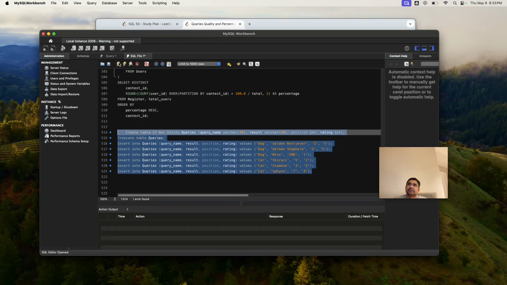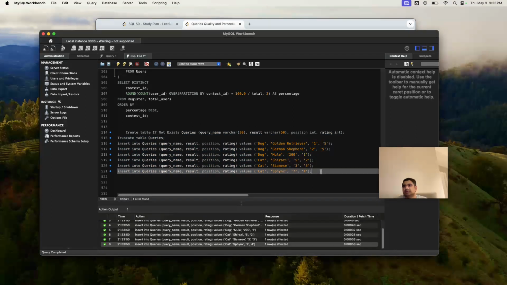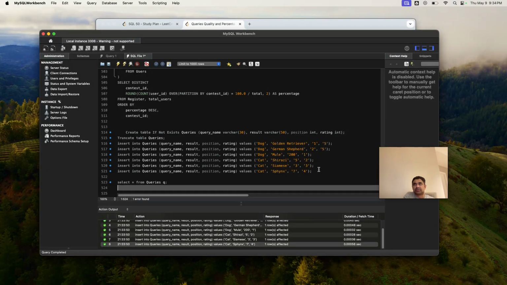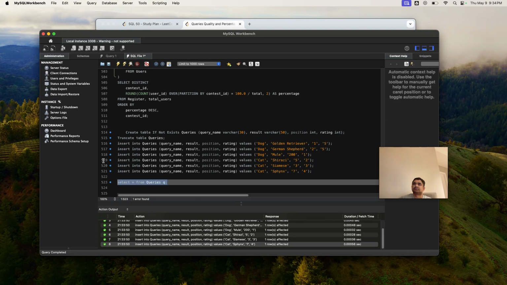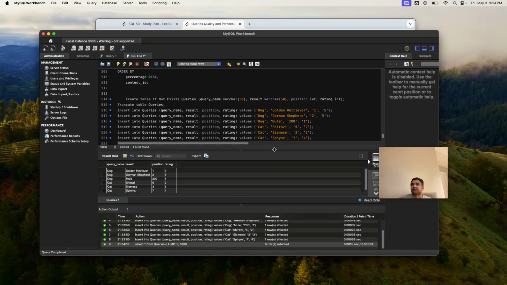And I guess there is no queries table that I executed before, so I don't need to use any drop table in this case. So here you can see queries. I will give it an alias q to keep it simple. You can see all the queries and results here.